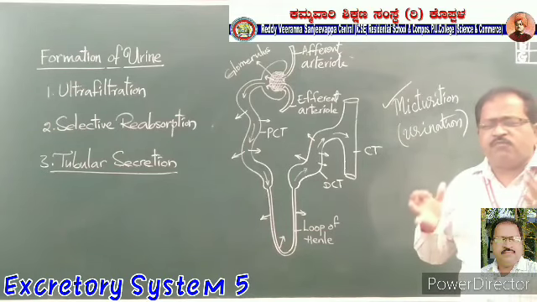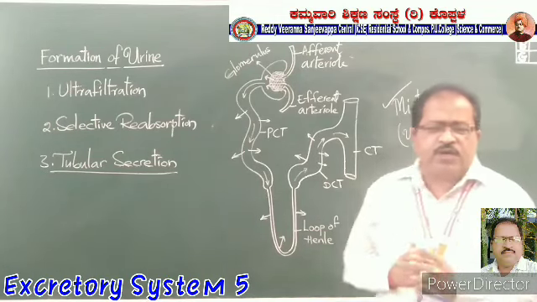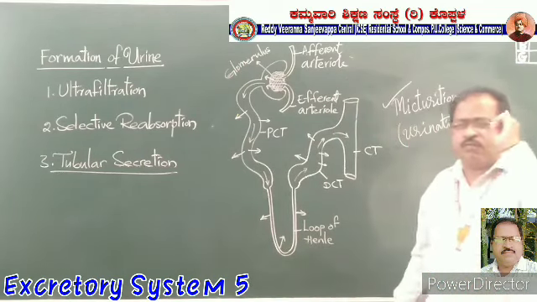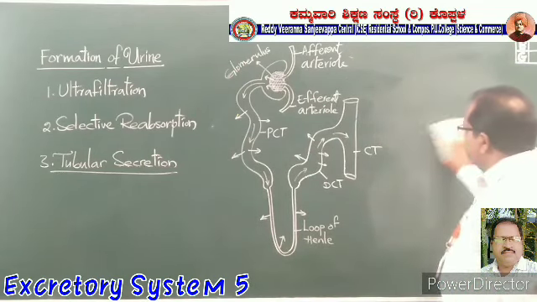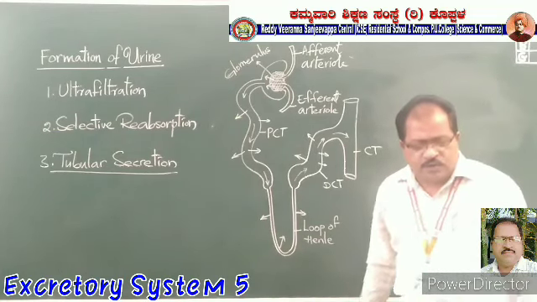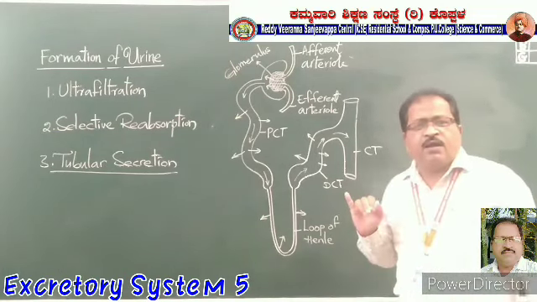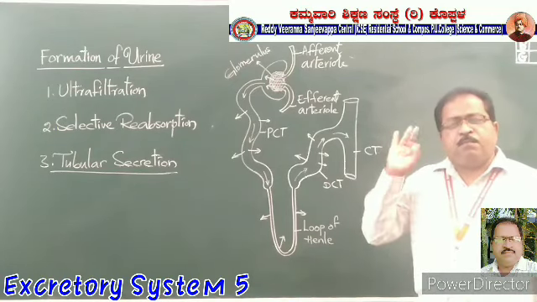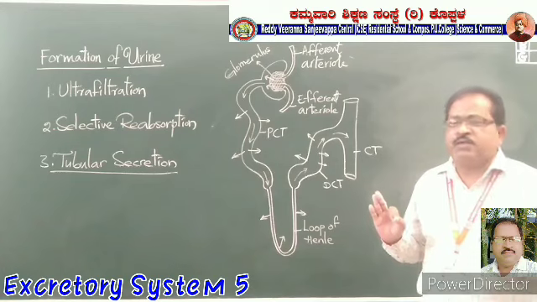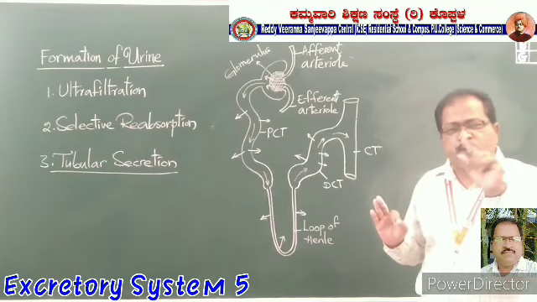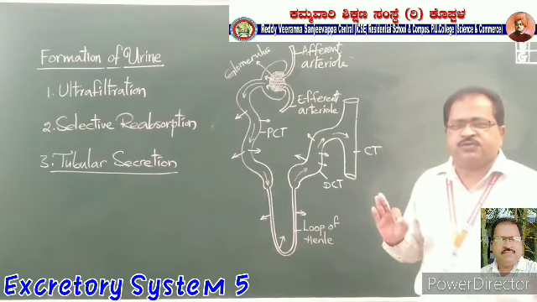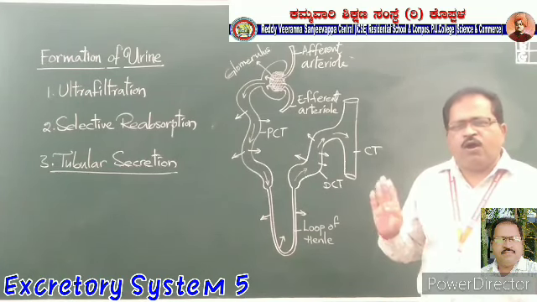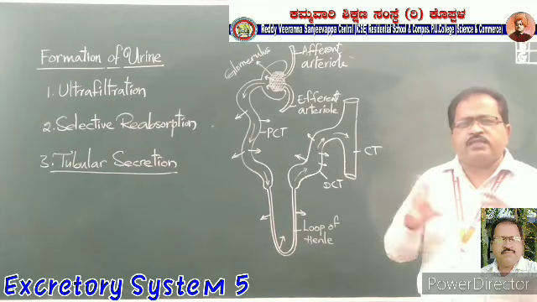Now, what are the components of urine? Urine has 90% water, urea, some amount of uric acid, biliverdin and bilirubin, which two are together called bile pigments, and some amount of glucose.